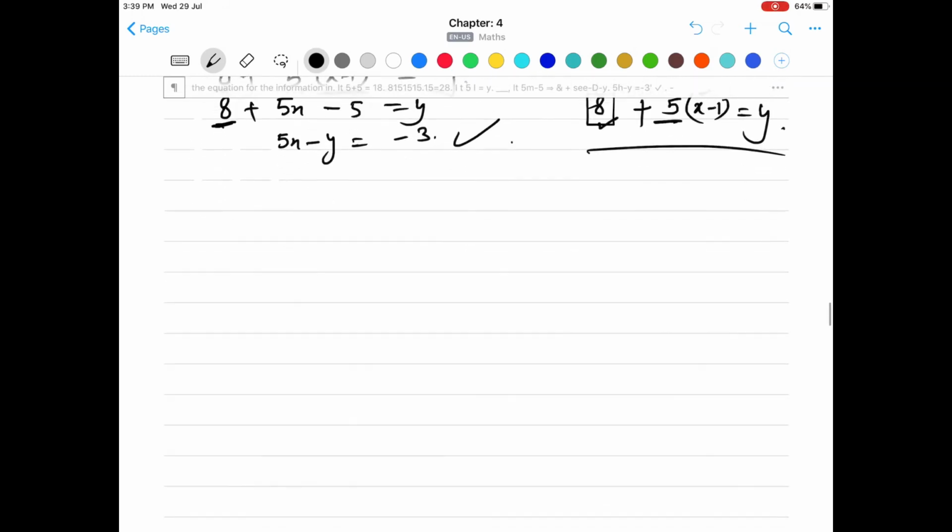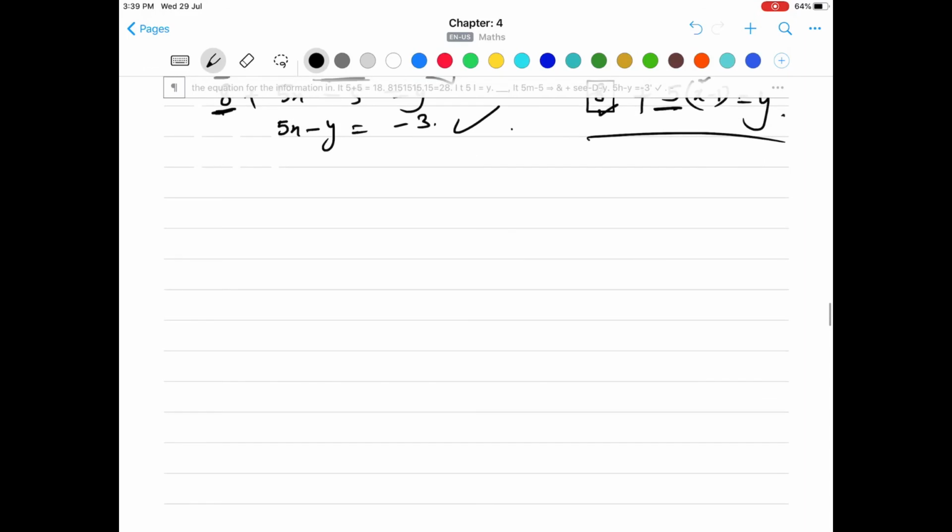So now what we have to do is find certain solutions for this equation to represent it on the graph paper. So the equation is 5x minus y equals minus 3. Now we have to choose certain values for x and y so that we get a few points of the given line.